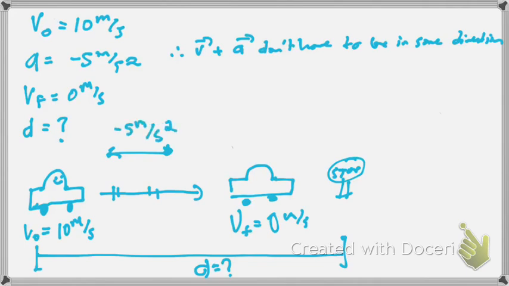So this is the scenario. Drawing it actually makes everything easier. So now we know that what we're trying to find out is the distance from the moment he noticed that stop sign, and how far he had gone until he hit 0 meters per second.